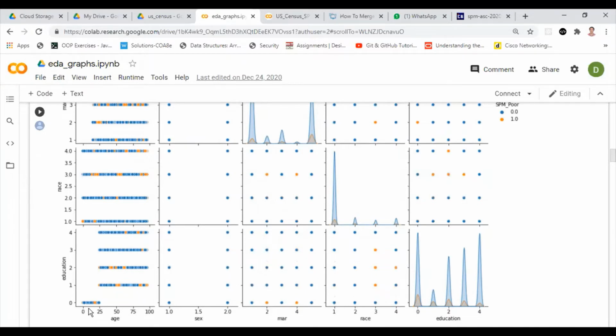We can see that as the education levels go up, the orange dots start to decrease, which indicates that as education levels increase, poverty levels also start decreasing. And also with respect to age, we can see that as age increases, the poverty levels decrease, and after a certain age, it slowly starts increasing by a certain extent.